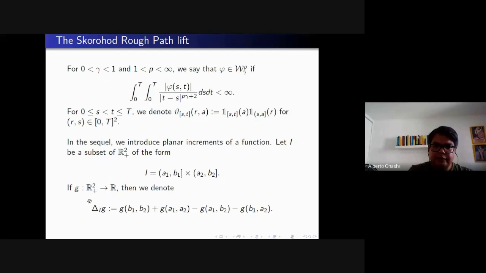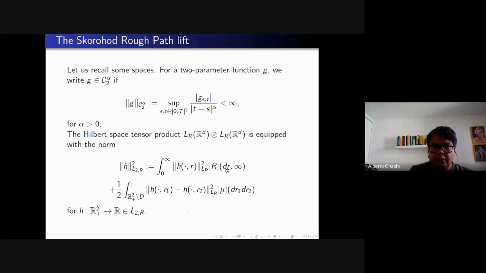And also I need to define the planar increments of a two-variable function, given a rectangle I, the Cartesian product of these two intervals. Okay, I just want to recall the definition of C^alpha_2 to denote the Hölder regularity on the two-variable function. And we also consider the tensor product of the Hilbert space L_R.